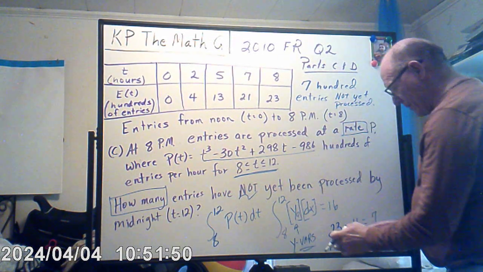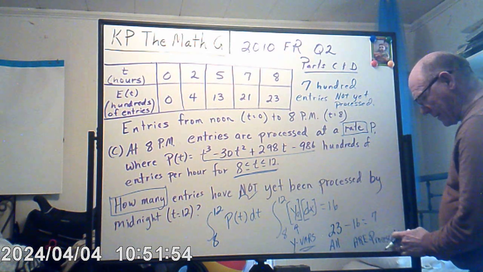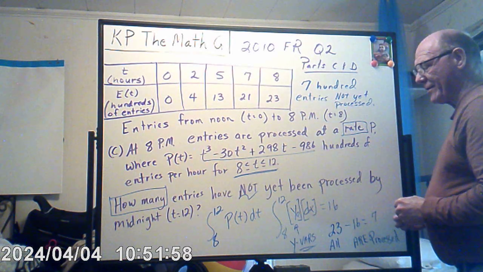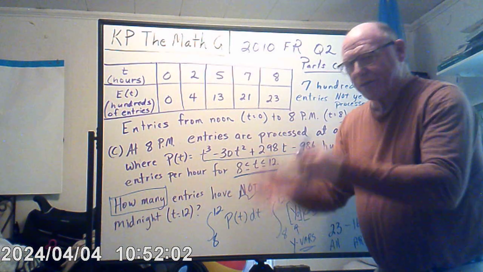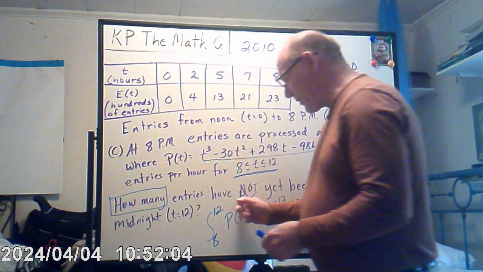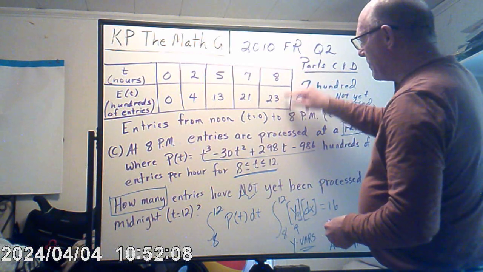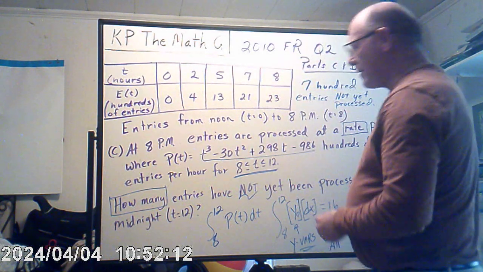Alright, so all of them minus those that are processed, there are those that are left that are not processed. And so you've got to be careful with this one. You're not looking for those that are processed, you're looking for those that have not yet been processed. So the total beginning at t equals 8 is 23.